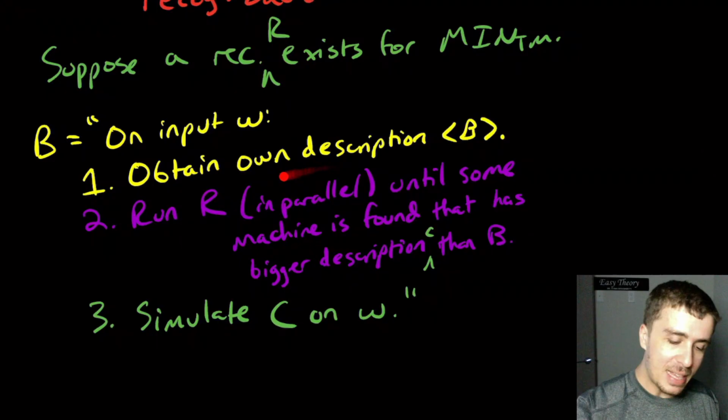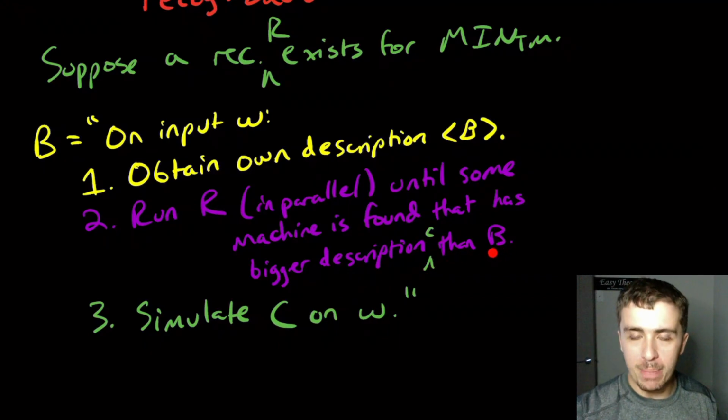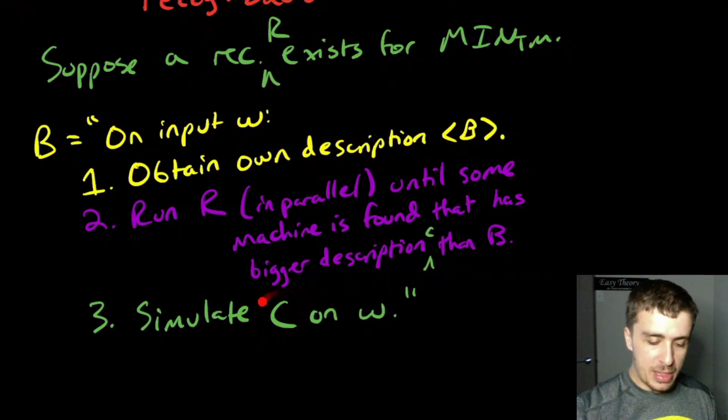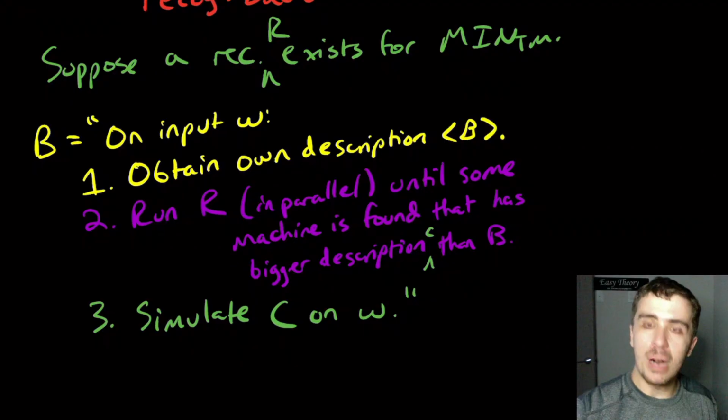So this is a problem. It obtained its own description right here. That means that we're going to find a description that's longer than B. And so this C has a longer description than B right here. Why is that a problem?